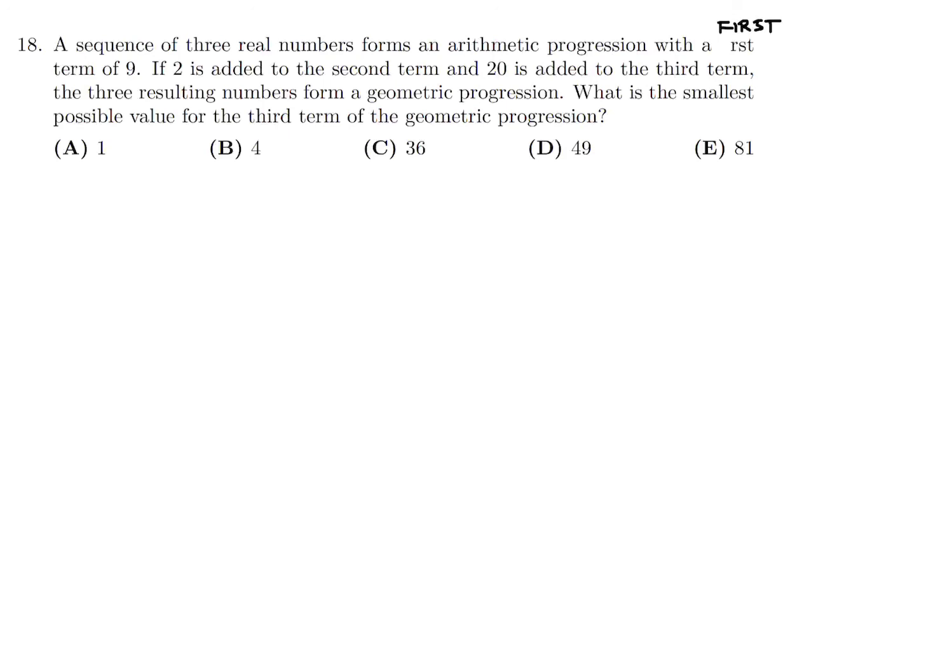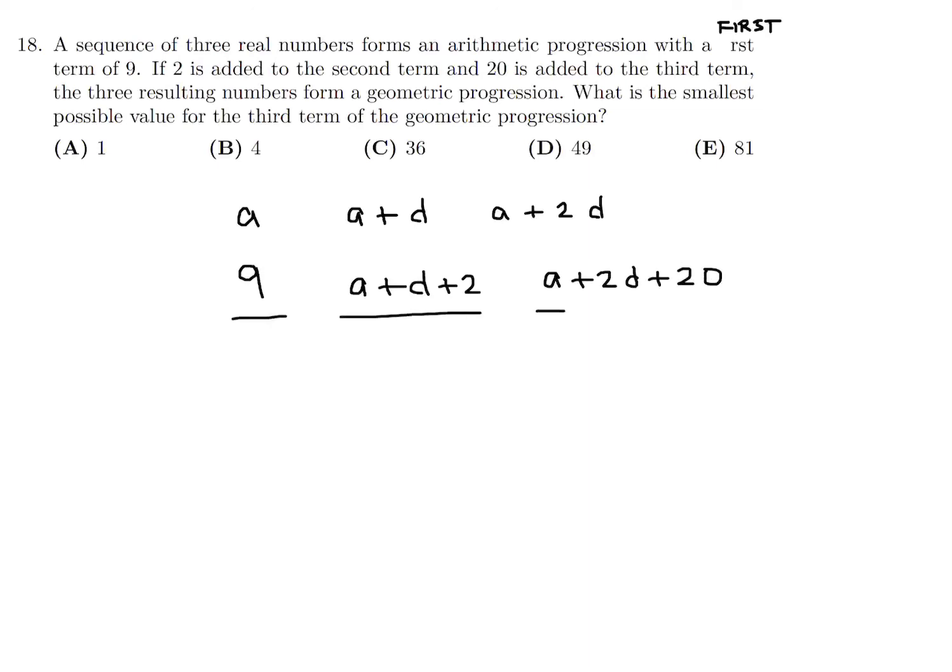So initially we've got an arithmetic progression, which is, as I hope we know, a, a plus d, a plus 2d, a plus 3d, and so on. And they tell you that the first term is 9. And then the second term they don't tell you, but they say that if you do add a 2 to the second term, and if you do add a 20 to the third term, these now become a geometric progression.